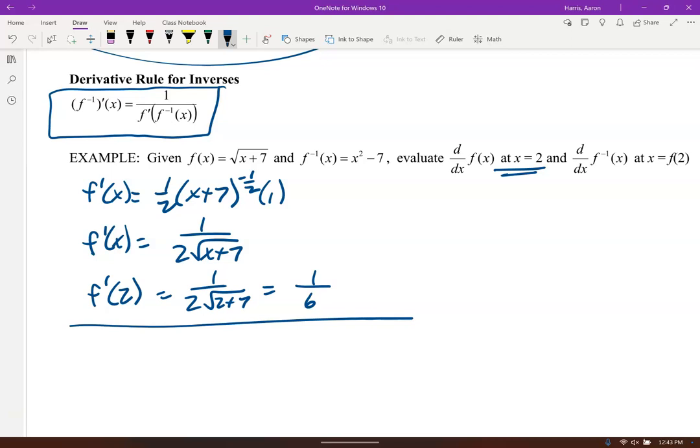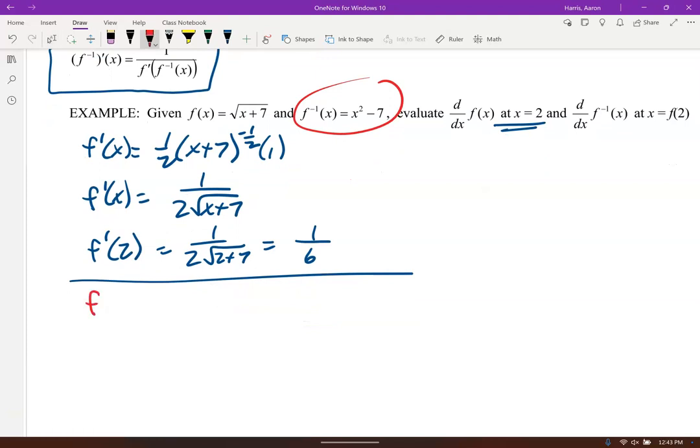Now let's do the inverse. So the inverse is right here, x squared minus 7. So let's find the derivative of the inverse, so 2x. And then this time, the original function was square root of x plus 7, and I plugged 2 into the derivative, right?